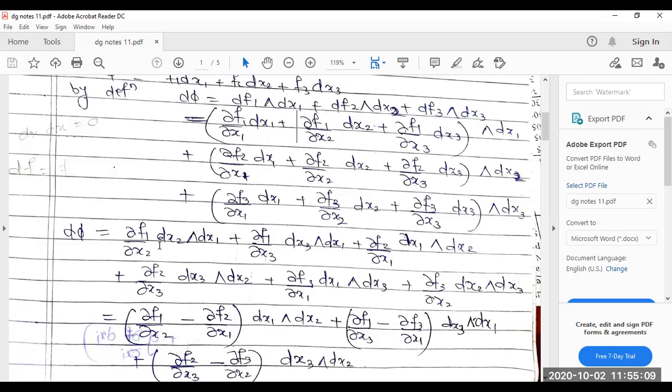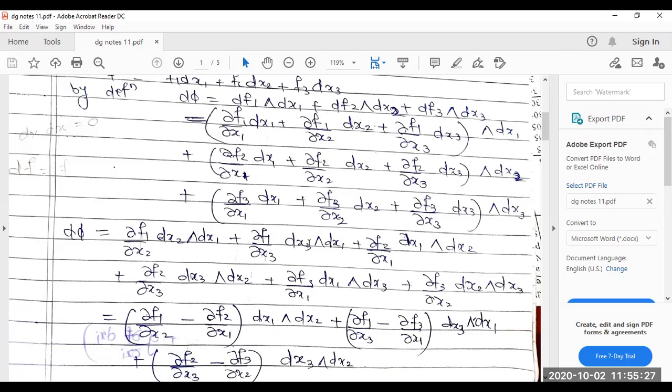If we want to write down dx2 wedge product with dx1, this will be with the negative sign, and here it is dx1 wedge dx2. So hence we can take dx1 wedge dx2 common outside, and in the bracket we remain with this term.